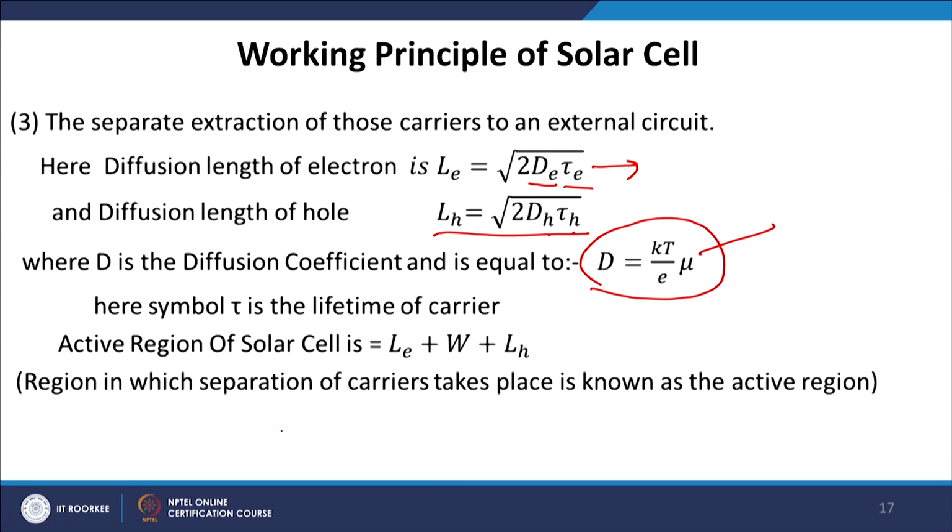That is what we have written here. The active region of the solar cell is Le, the diffusion length of the electron, plus the width of the depletion region plus the diffusion length of the hole. This is called the active region where the charge carrier separation happens.